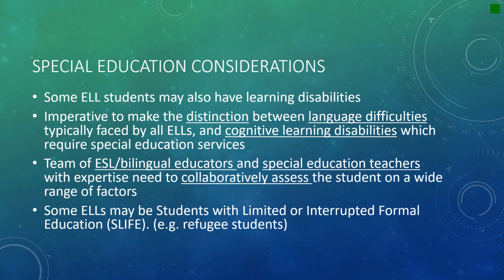For example, they may be coming to you at age 13 but only have through 4th grade education, but yet you can't just push them into special ed because they may not have a learning disability, and so that means that the classroom teacher is going to need to make a lot of accommodations and differentiation for that student to be able to grow and progress in their education and in their English development, to fill in some of those holes that they may have in their education from either refugee status or just missing parts of their educational experience.